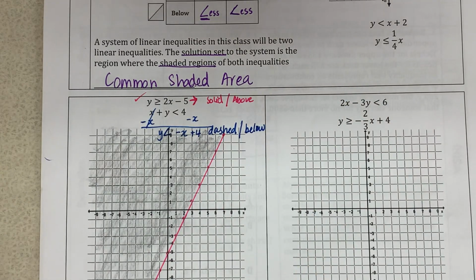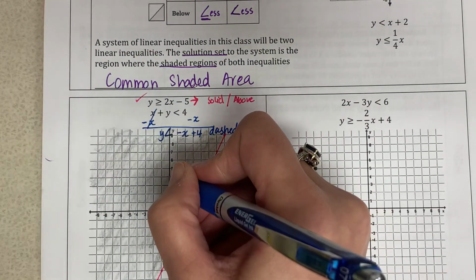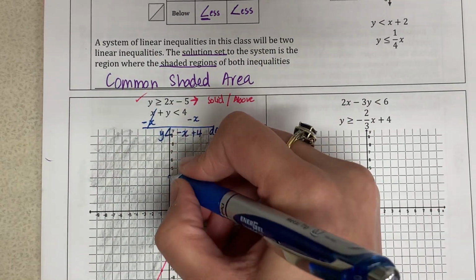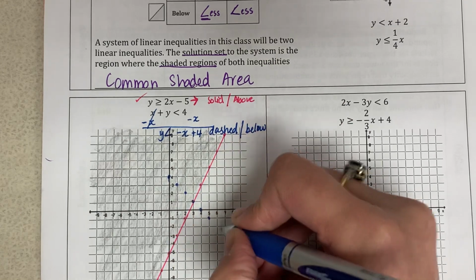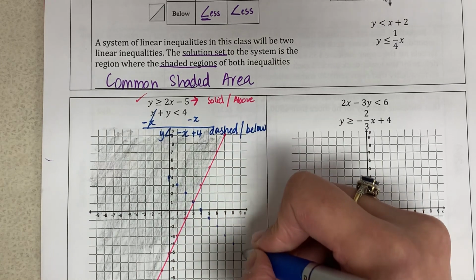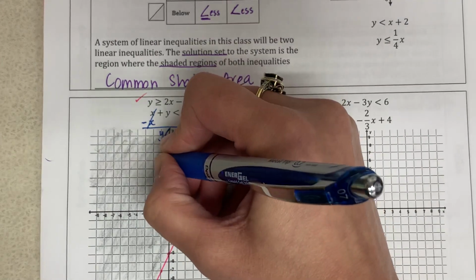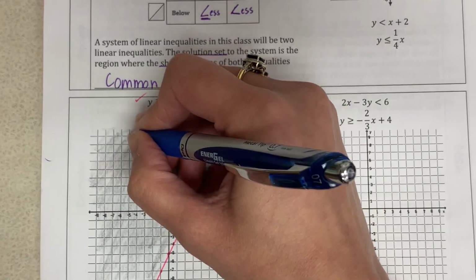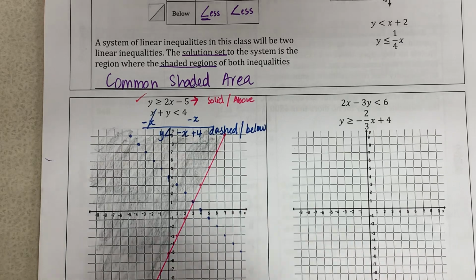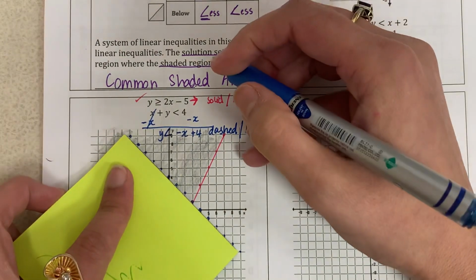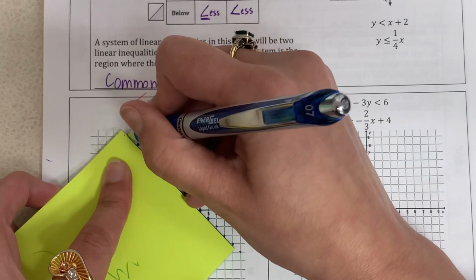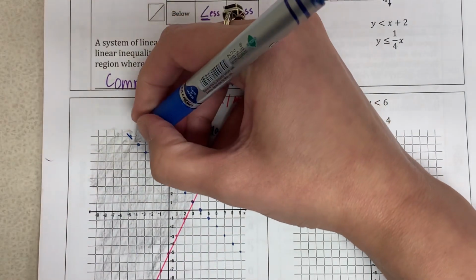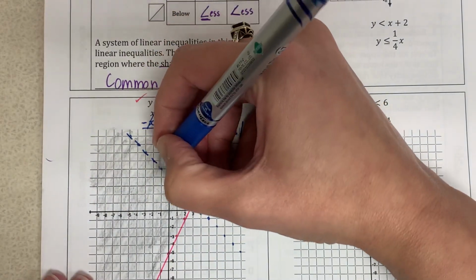So let's draw the line. It starts at 4 and the slope is -1, so 1 down. I have the line. It is a dashed line, so I don't need a pen.